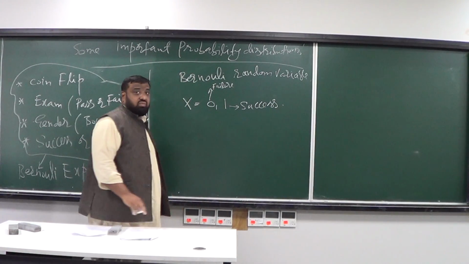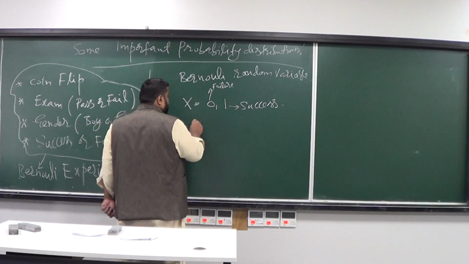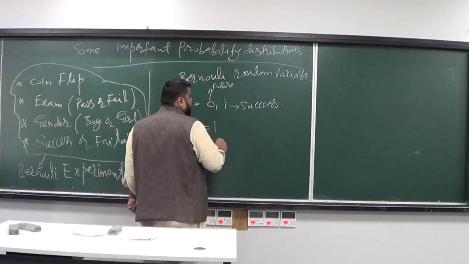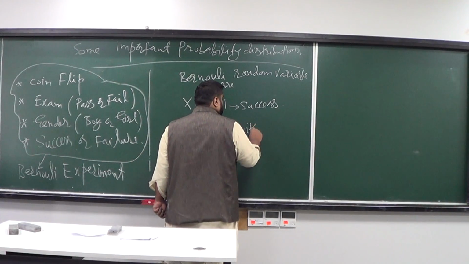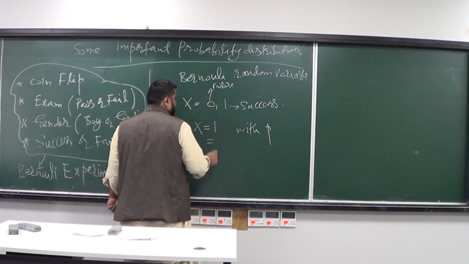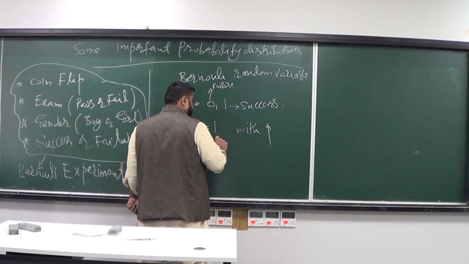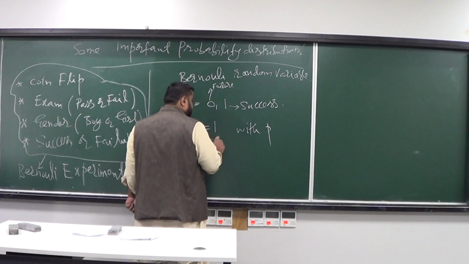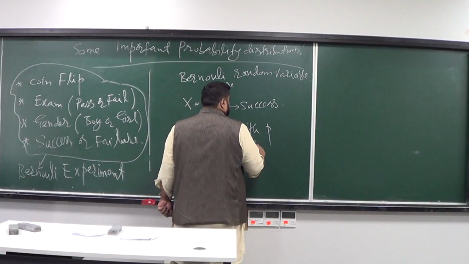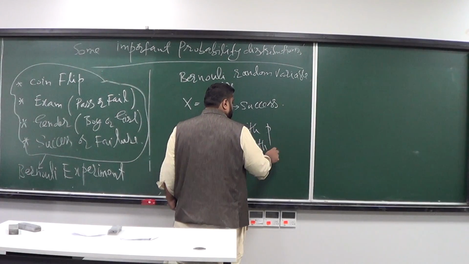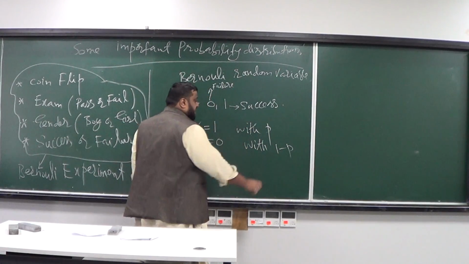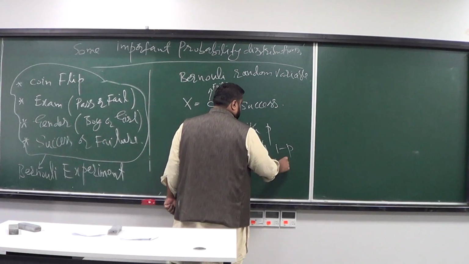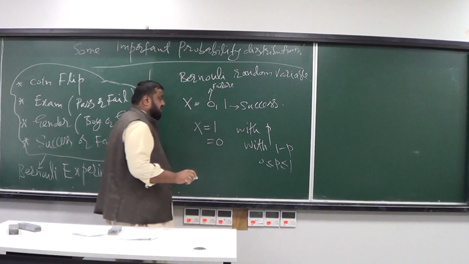Okay, and let's assume that success occurs with the probability P, and failure occurs with the probability, say, 1 minus P, obviously, and obviously P is a number between 0 and 1.